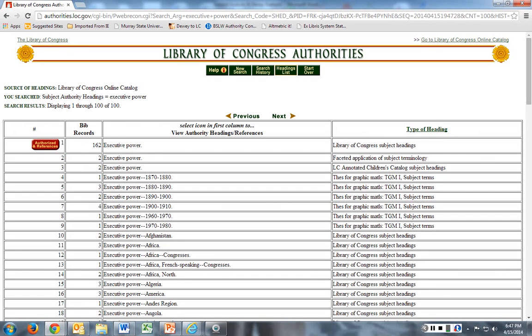Or I could decide, well, it's about 3, so maybe I can find a subject heading that covers all 3 of them. So I don't know what I want to do yet, but there's this button I'm going to look at. They're the same thing, executive power, but Library of Congress subject headings has the hierarchy included in it. So I want to take a look at that.